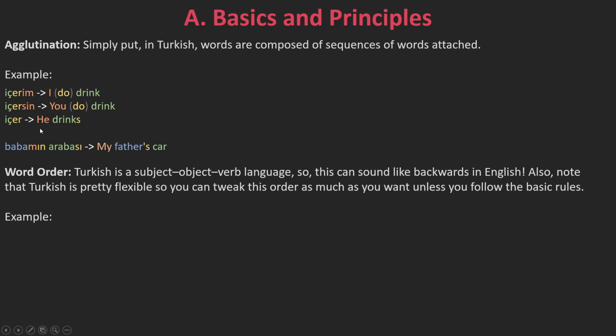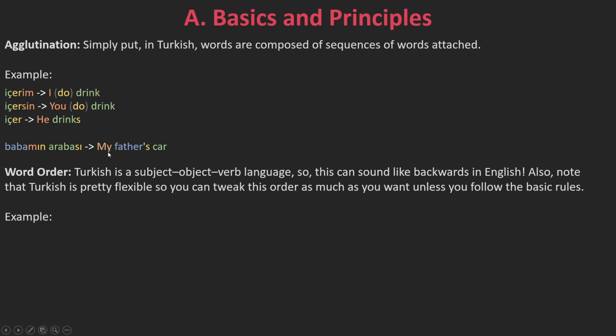Anyway, and also about possessions, we call them genitive case or possessive suffixes. You can see all these suffixes that are connected and they all change the meaning. If you want to say my father's car, you will need to insert this M on baba. And there's an order for this, of course. So babamın.